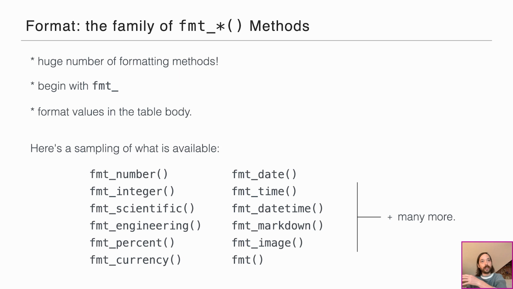So we've tried to bring that essence of Excel formatting into Great Tables. They all start with fmt, for format, and there are quite a few around numbers, integers, currencies, and a lot of date related ones as well. So there's a huge variety of methods available.